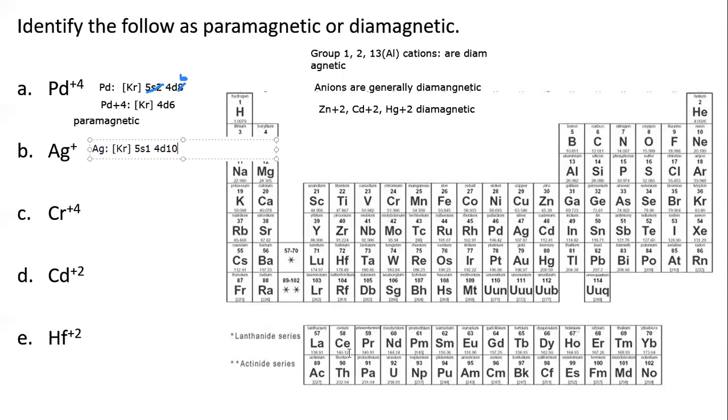So to get us silver plus, we remove one electron from the s orbital. And so then silver plus would be krypton 4d10. So since you have a completely filled d orbital, it's not going to have any lone electrons, so this would be diamagnetic.